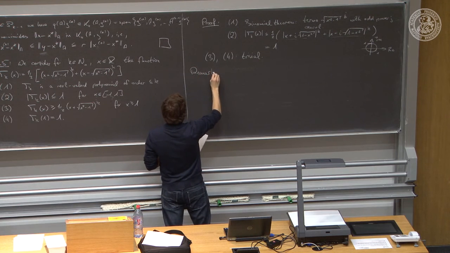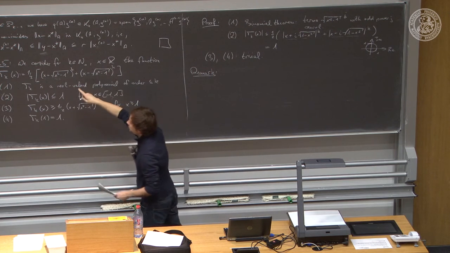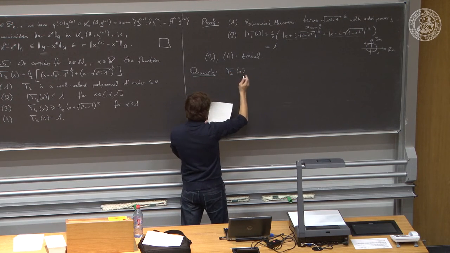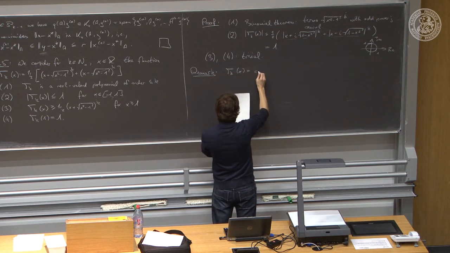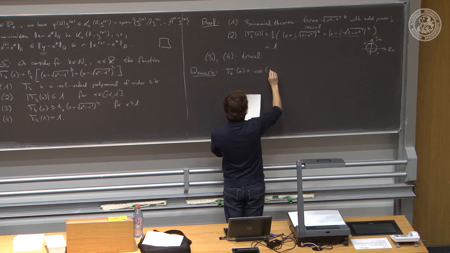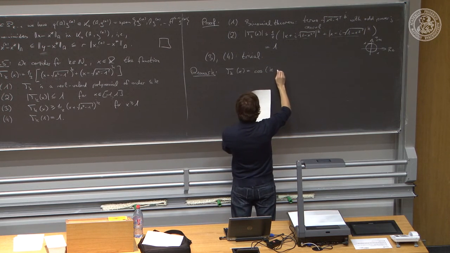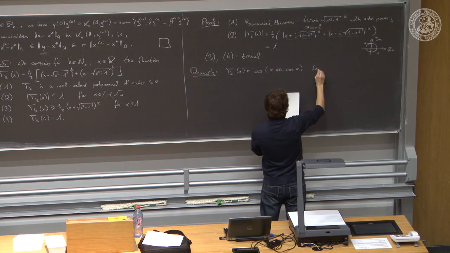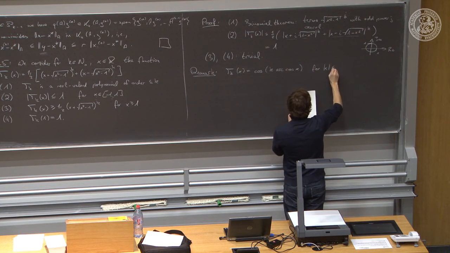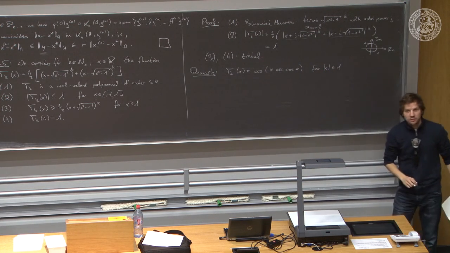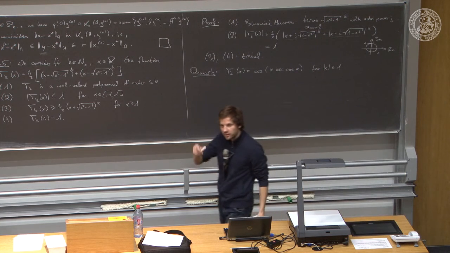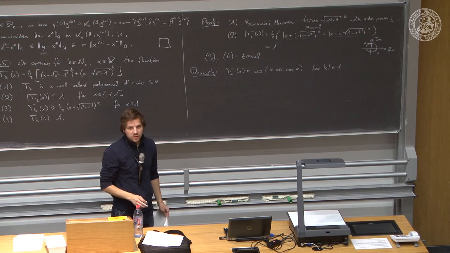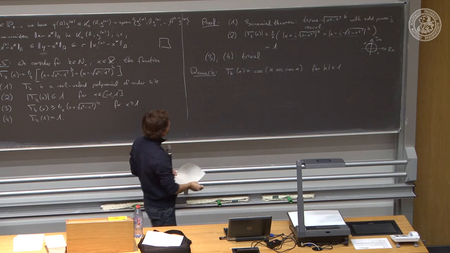Maybe you already have seen such functions of this type. We can rewrite it in the case that the absolute value of the argument is less than 1 as follows. This is nothing but the cosine of k times the arc cosine of x. Maybe in some numerics lecture you already have seen them. These are the Chebyshev polynomials, okay, I see some of you know that.